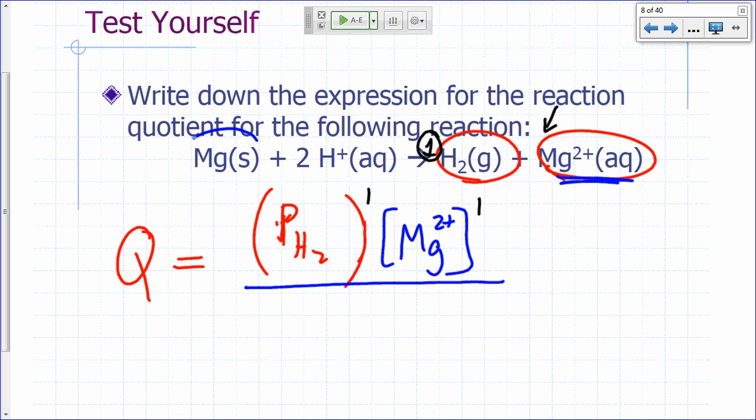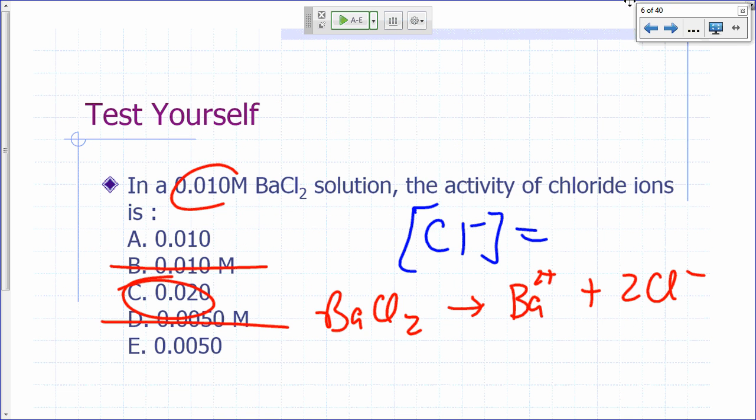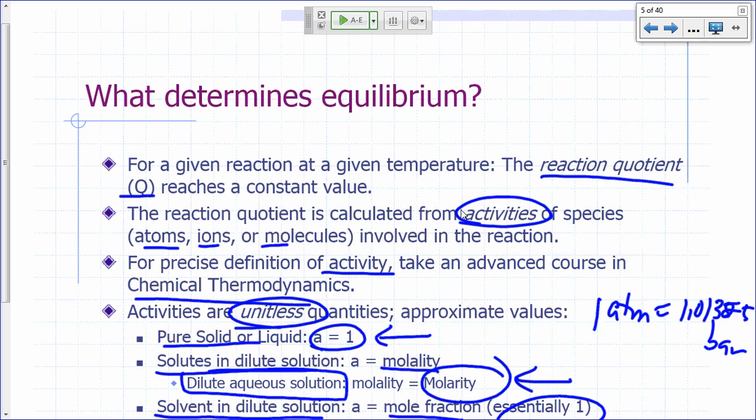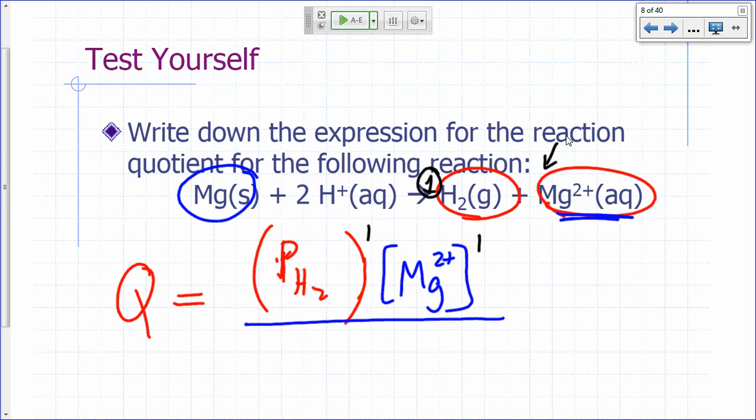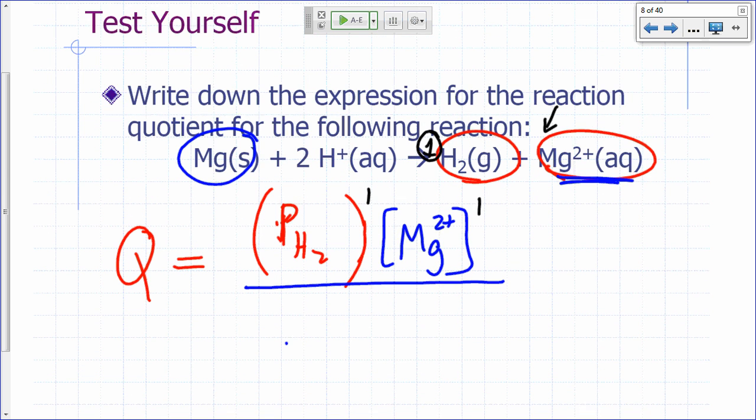what about a solid? What's the activity of a solid? Go back to the previous slide. Activity of a solid is 1. Pure solid or liquid, activity is 1. So 1. And what's the activity of H plus? It's in aqueous solution, so the concentration of H plus.